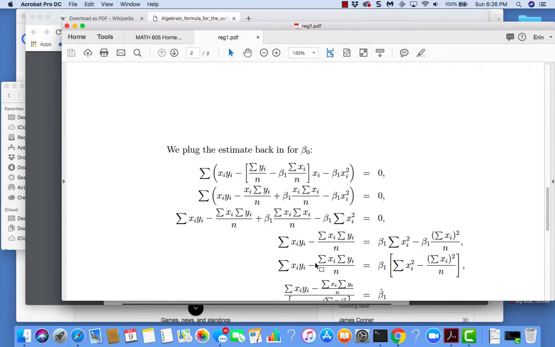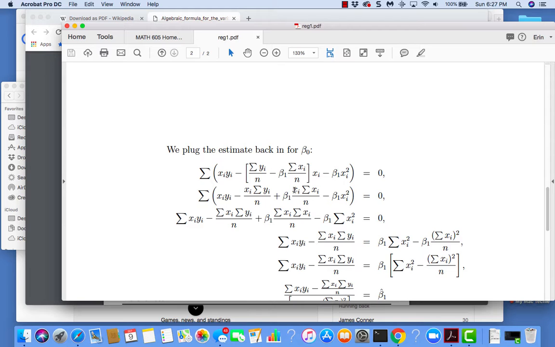So now what I have to do, you take your expression for beta 0 that you had in the previous part, and you plug that in here and solve for beta 1. So I've got the summation of the quantity x i y i minus, and then this term in the square brackets is my estimate for beta 0 times x sub i minus beta 1 x i squared equal to 0.